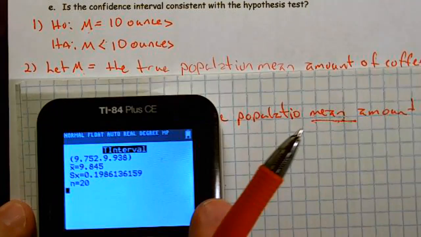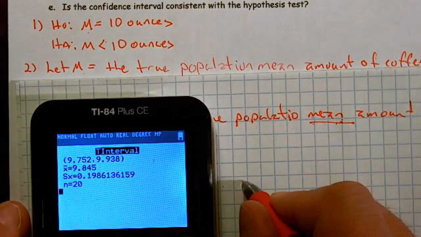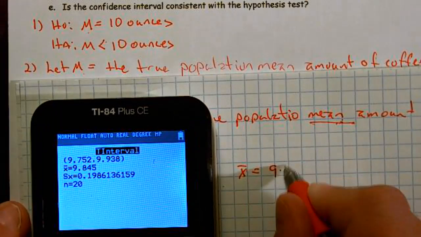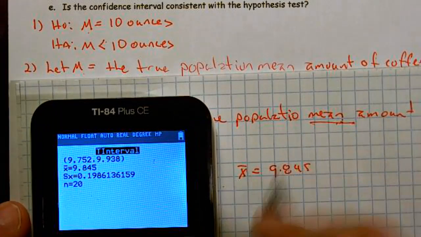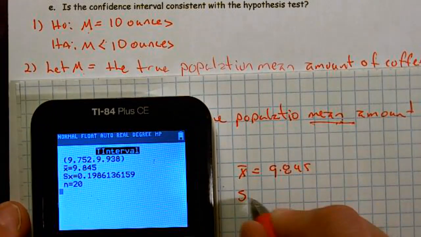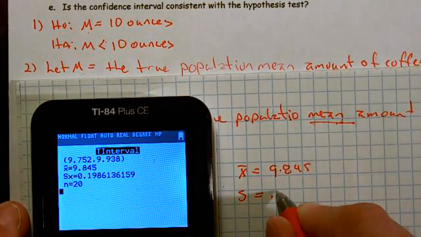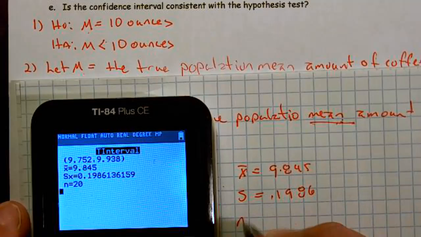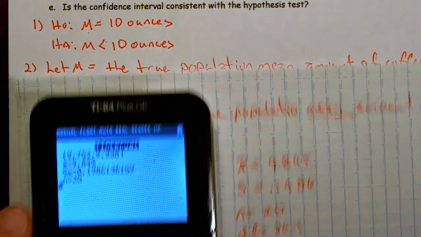And so I get more information than I need, but what I have to start with is I need x bar equals 9.845, s equals 0.1986, n is 20, which means my degrees of freedom are going to be 20 minus 1.